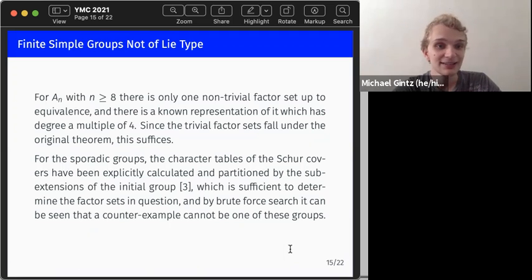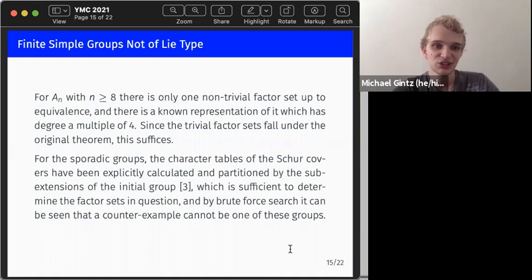But if n is greater than 8, then there is only one non-trivial factor set of the alternating group A_n up to equivalence, and there's actually a known representation of it, which has a degree a multiple of 4. This is one projective representation in particular. And since the trivial factor sets fall under the original theorem, this tells us that these alternating groups cannot be counterexamples. And for the sporadic groups, we actually have the character tables of the Schur covers of these groups.